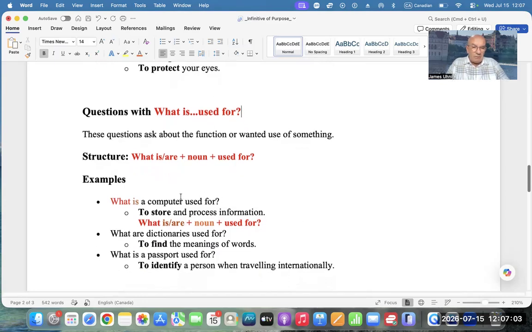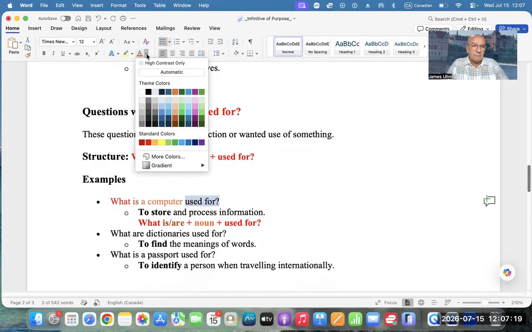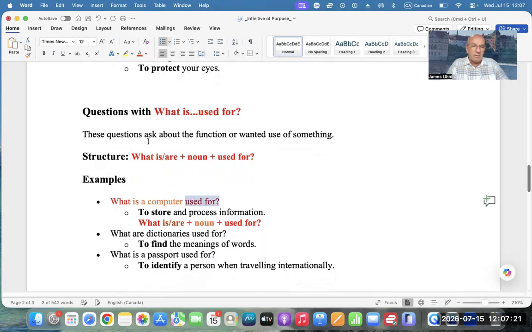So now we have computer is orange, and used for is red. Here we have the example explained exactly.